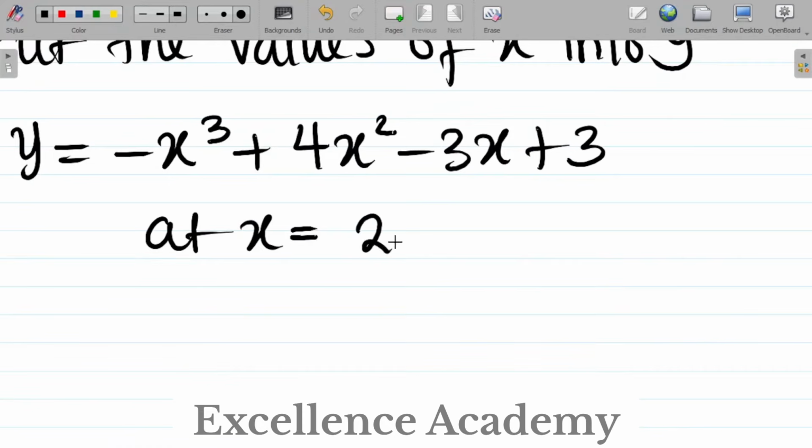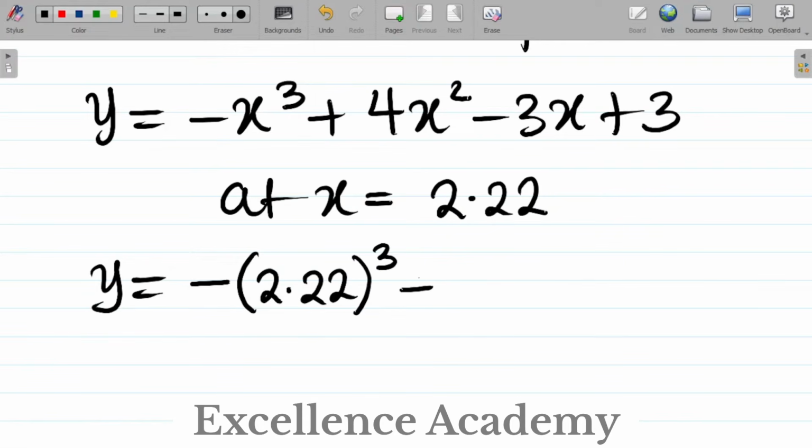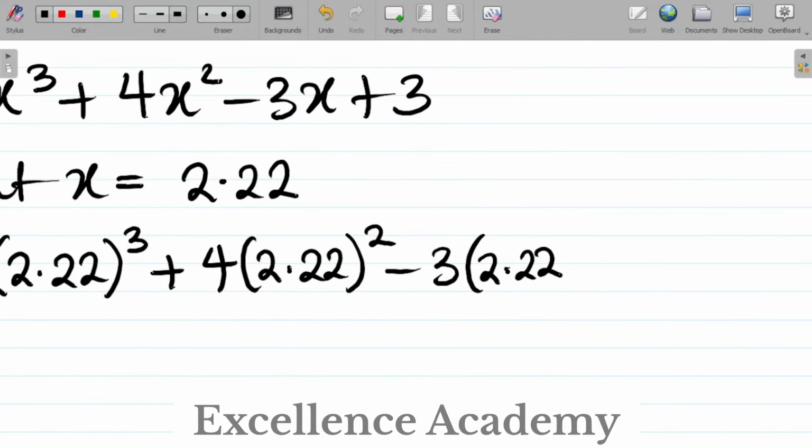At x equal to 2.22, what's the value of y? You have that y is equal to minus x cubed, that's 2.22 cubed, plus 4 into x squared, x is 2.22 all squared, minus 3 into 2.22, then finally plus 3.